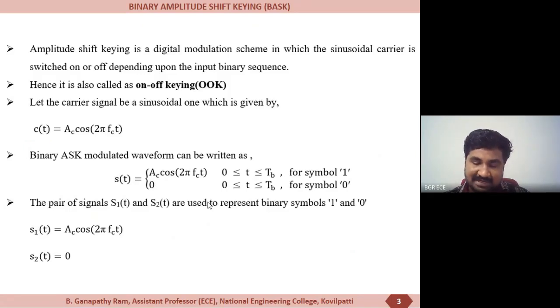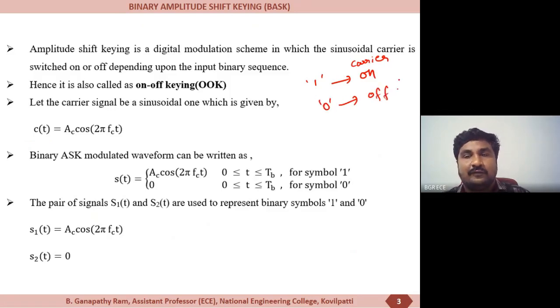If the binary data is 1, then the carrier signal is on. If the binary data is 0, then the carrier signal is off. Hence, this kind of modulation is also called on-off keying, abbreviated as OOK.